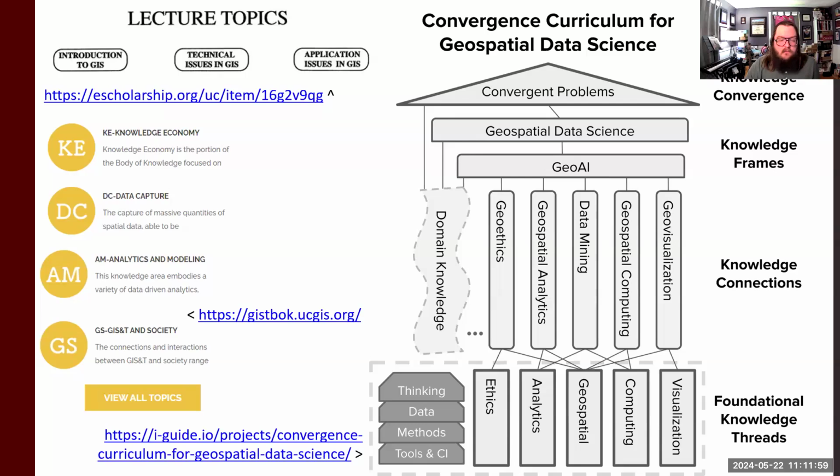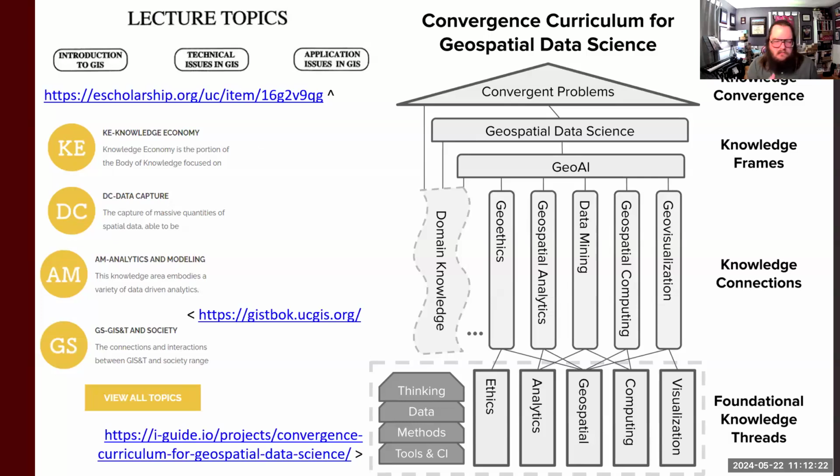Of course, another resource that we have is the GIST body of knowledge. A small snippet of the organization of that is also on the left there. Another way of just organizing the different components of what it means to teach and learn and build up areas of knowledge within GIS and geospatial.